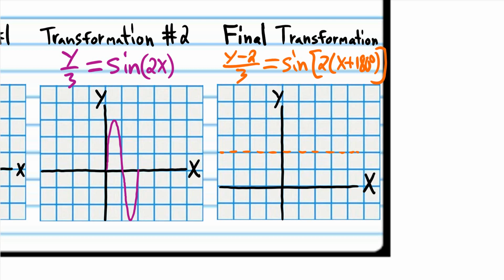So now our graph starts from the midline because we moved up 2 units. So now we're going to go up to 45. The horizontal movement is 45 degrees, and then 90 degrees, and then that'll be 135, the total movement, and then 180.